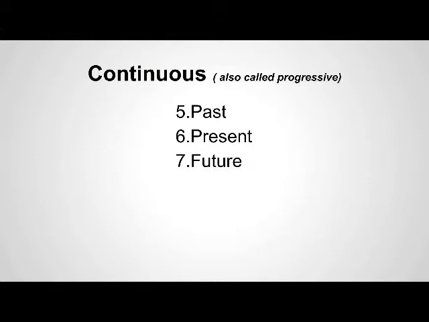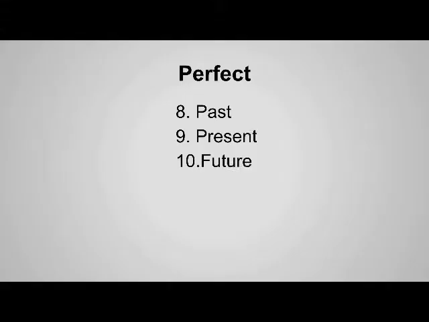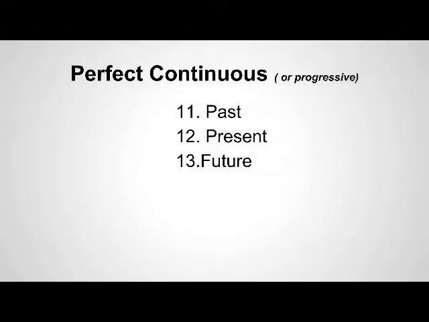Do you notice something similar here, the fact that we use past, present, and future? The perfect form, past, present, and future. And then the perfect continuous or perfect progressive forms of past, present, and future.